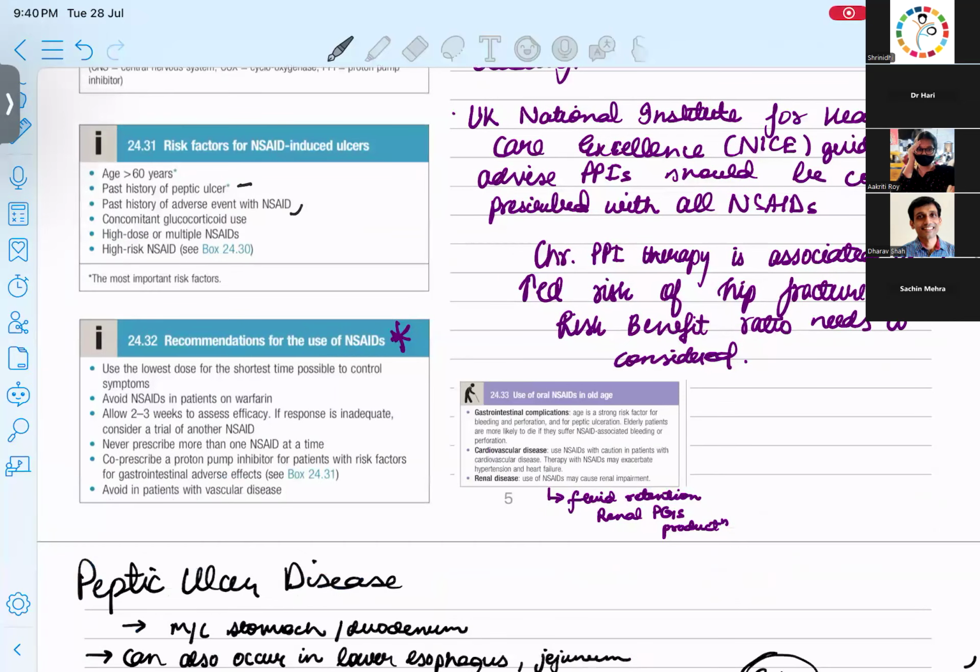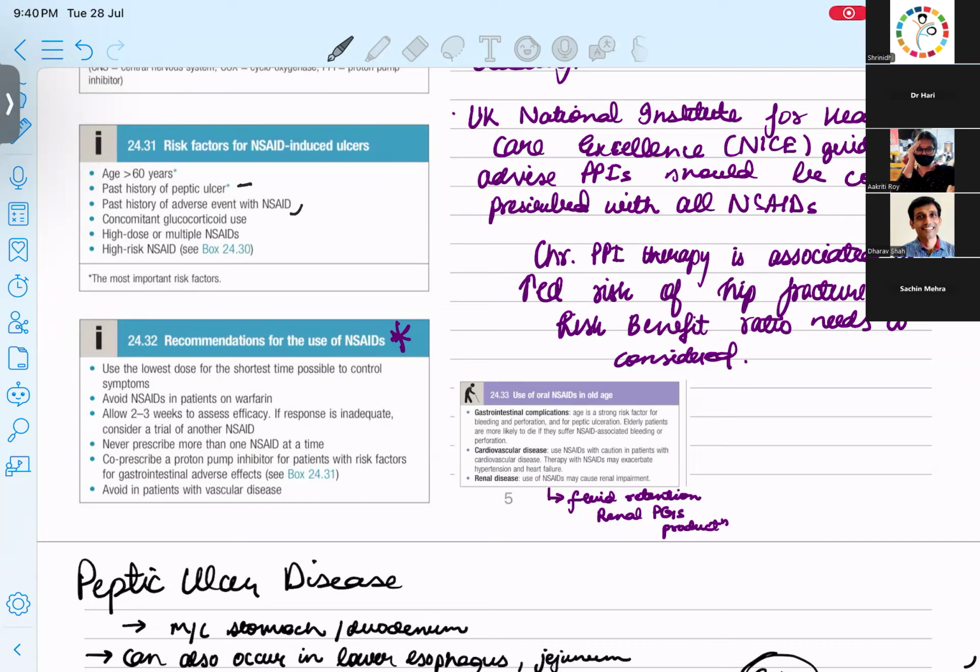So there are a few recommendations for use of NSAIDs. Use the lowest dose for the shortest time possible to control symptoms. In patients already on warfarin, we have to avoid NSAIDs like aspirin and others. We have to allow 2-3 weeks to assess the efficacy. If response is inadequate, consider a trial of another NSAID.